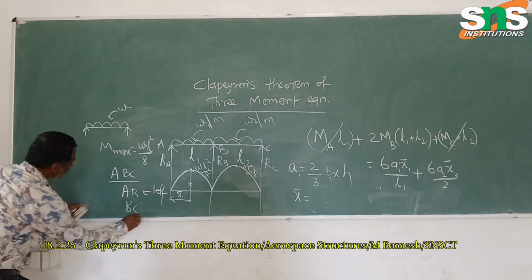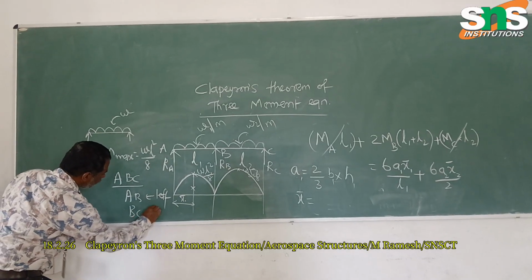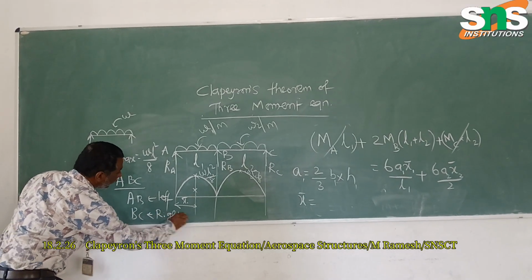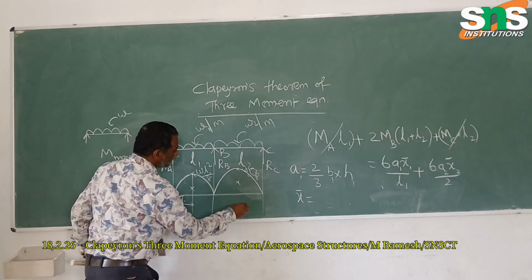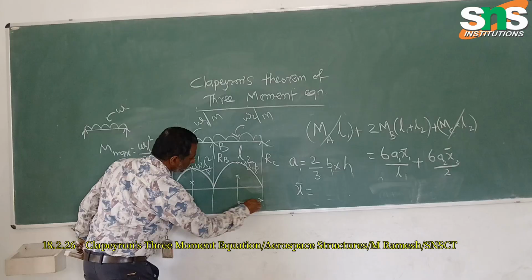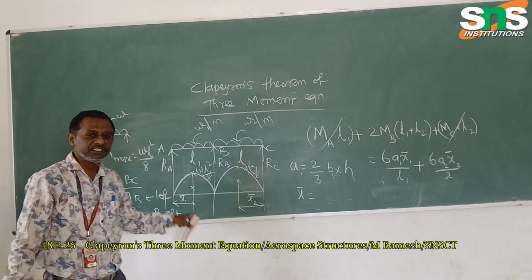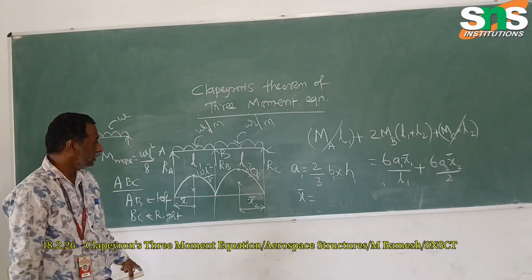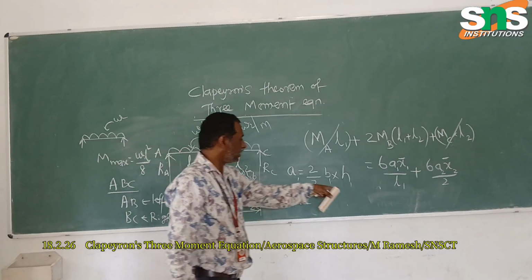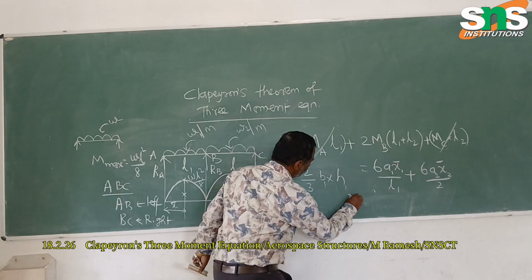BC is in the right side. Right side means you take the centroid and it should be measured from the right side. Like that you have to take it into account for measuring the centroid. After finding these things, you can apply them in this equation and get the MB value directly.